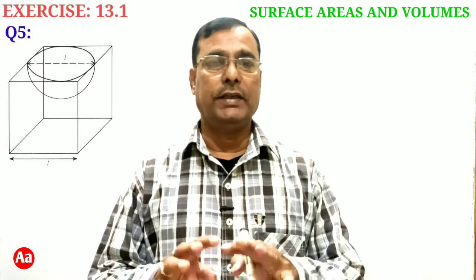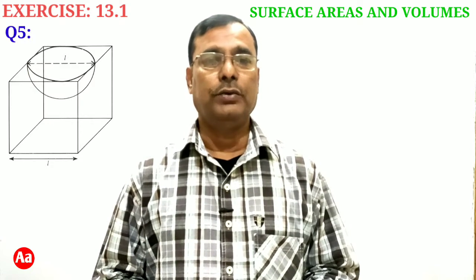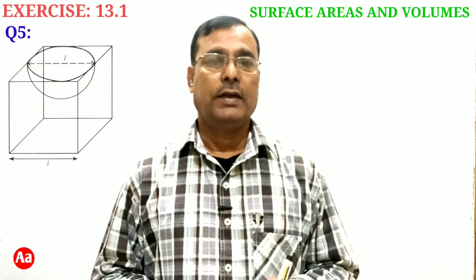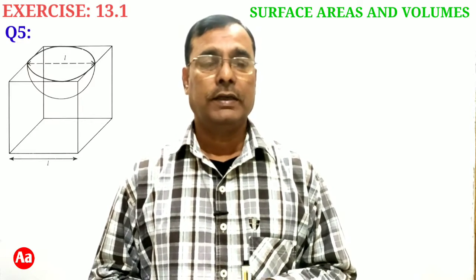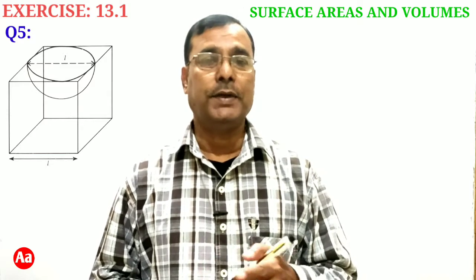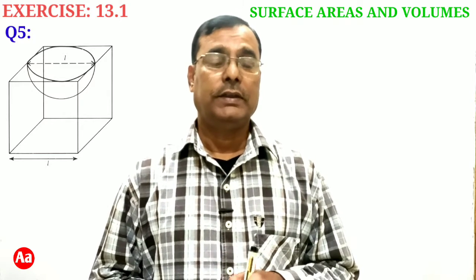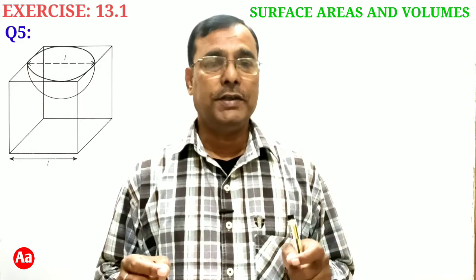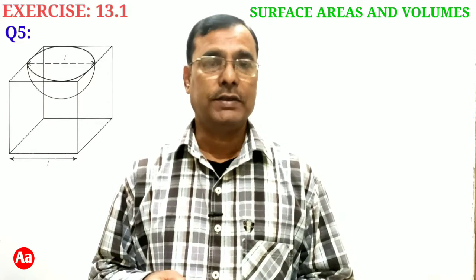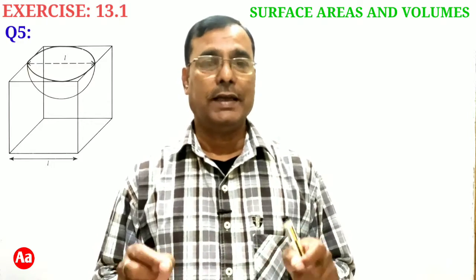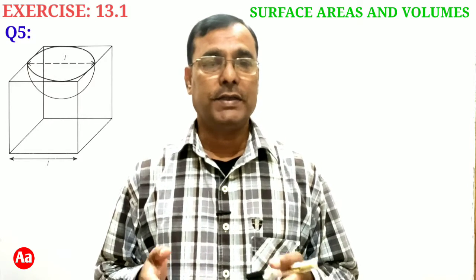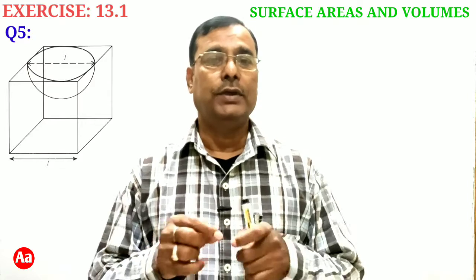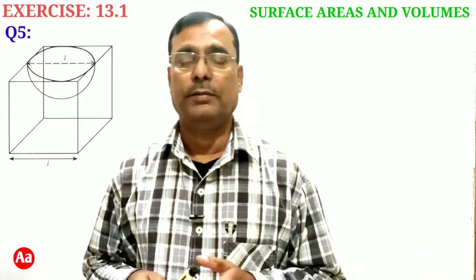In this question, there is a cubical wooden block, and from one face of this cubical wooden block, a hemispherical depression is cut out. The diameter of the hemispherical depression which is cut out is L, and that diameter of the hemispherical depression is equal to the edge of the cubical block.